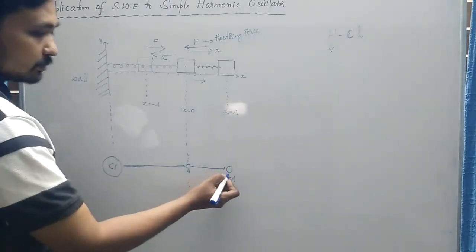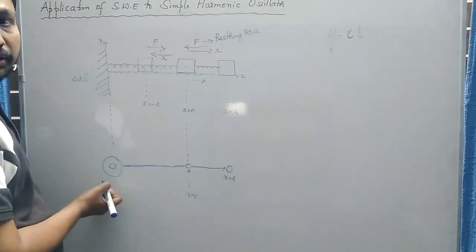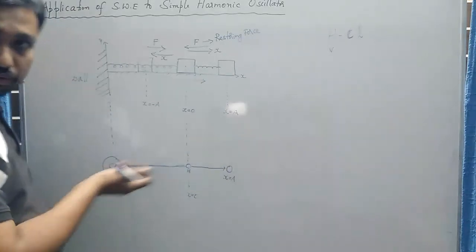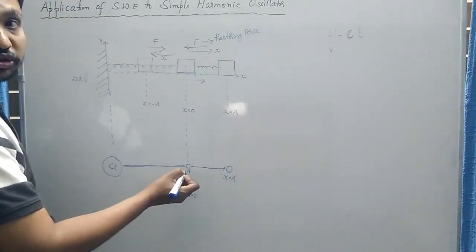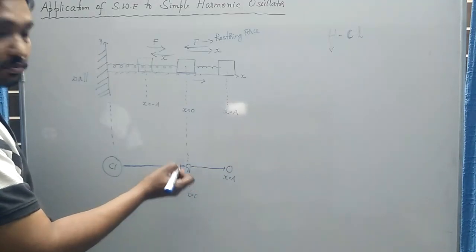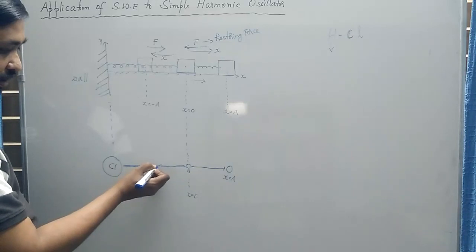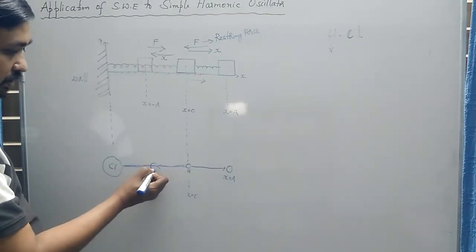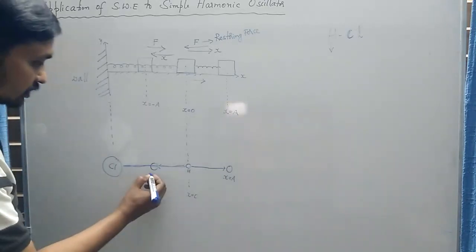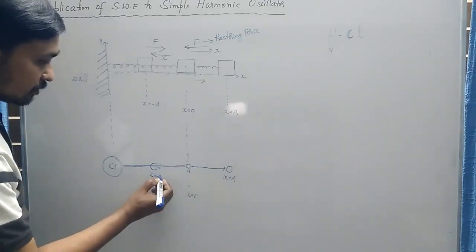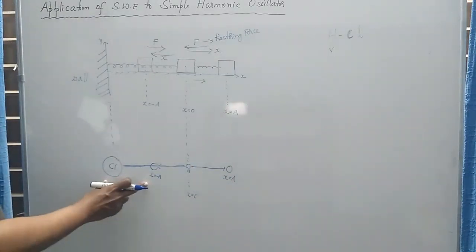Once the hydrogen atom comes here, because of the force of attraction exerted by the chlorine atom, which is a restoring force, the hydrogen atom comes back to its equilibrium position, but it cannot stop there because of momentum, and it will move in the opposite direction, somewhere up to here. This position is x is equal to minus a. So this represents the stretched mode, and this represents the compressed mode.